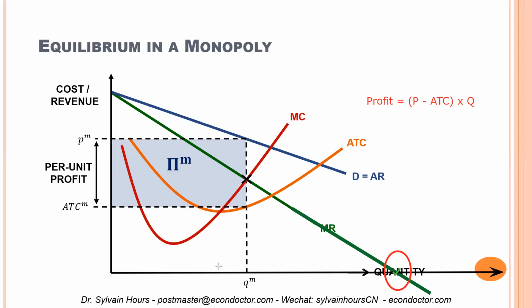Since the profit maximizing quantity QM is lower than the quantity of output that maximizes total revenue, and remember that at this quantity that maximizes total revenue, demand is unit price elastic. The price elasticity of demand is equal to 1 at this quantity of output.